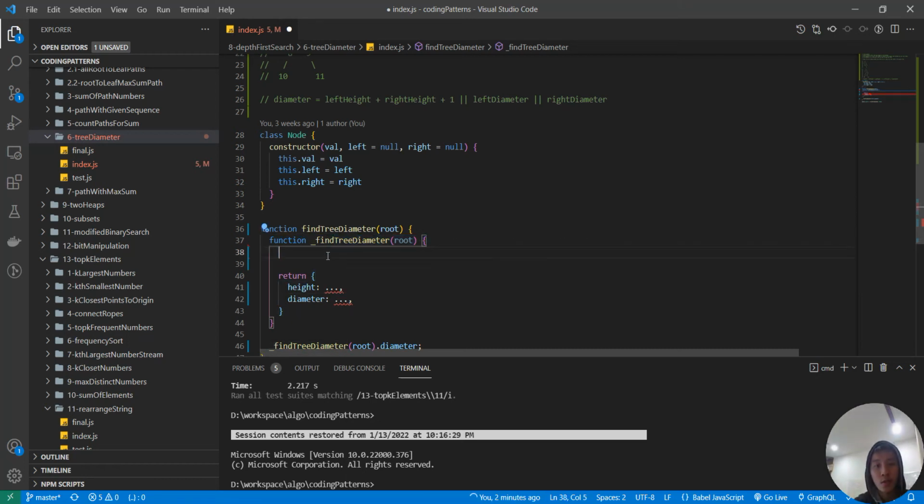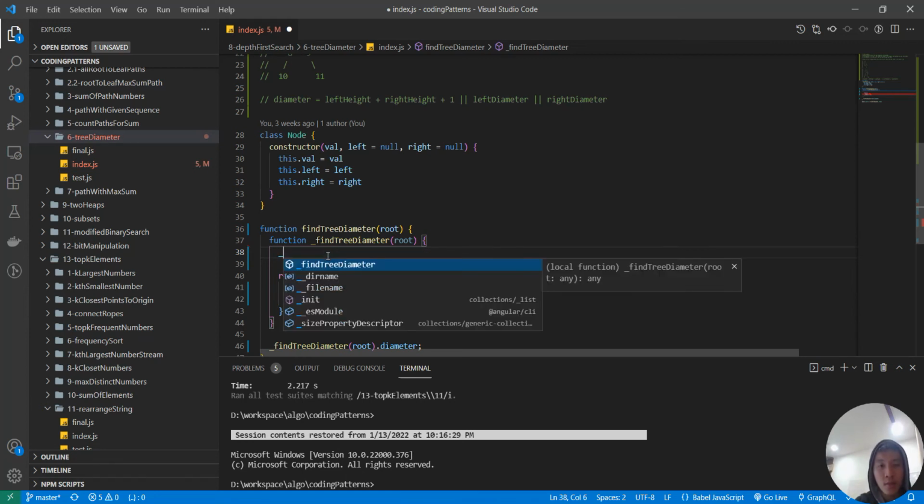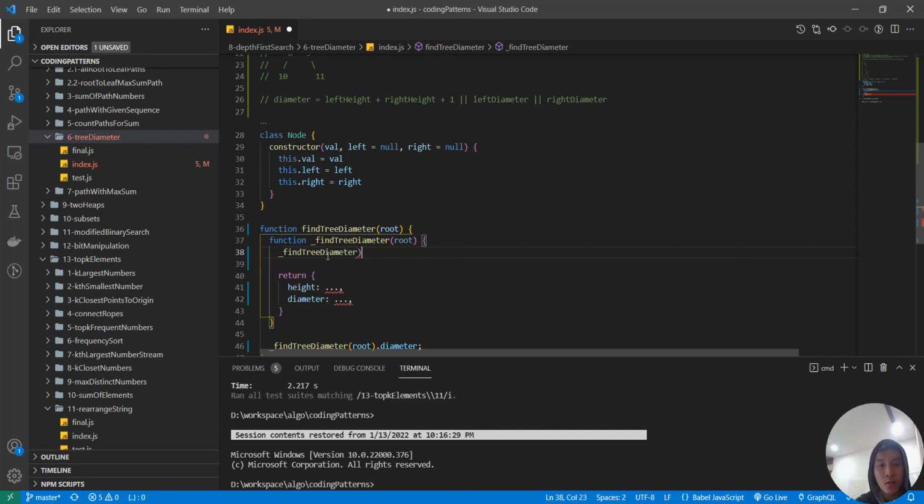So here I will need to call it recursively with the left subtree and right subtree. Find diameter, passing in the root of left, and also the root of right.